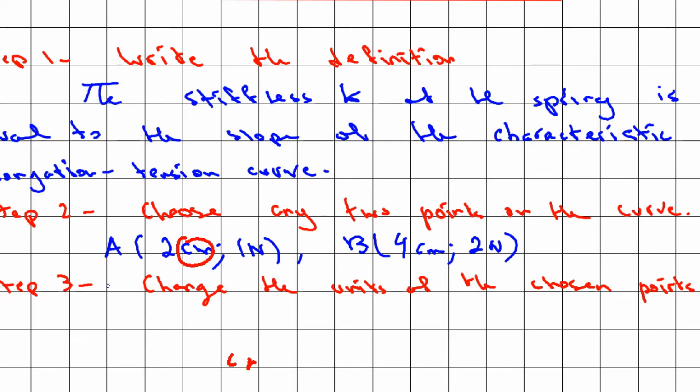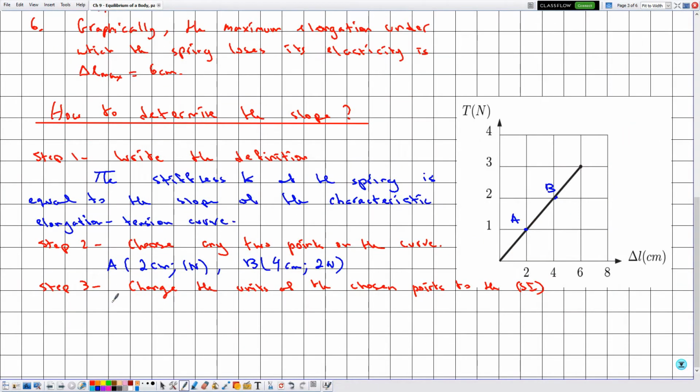In order to convert from centimeters to meters, we divide by 100. Then the coordinates of the point A are given by 0.02 meters, 1 newton. As for the point B, it's given by 0.04 meters and 2 newtons.